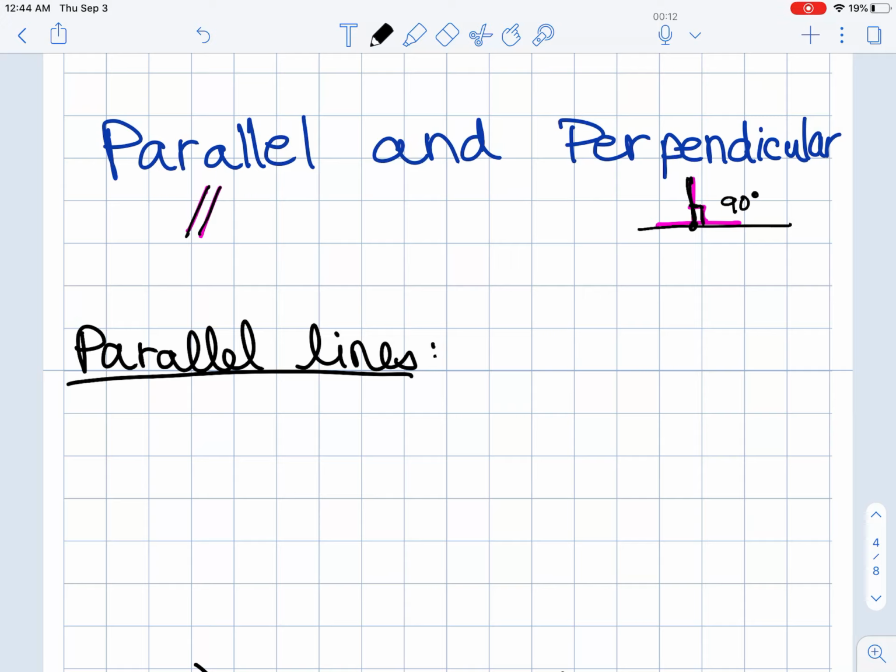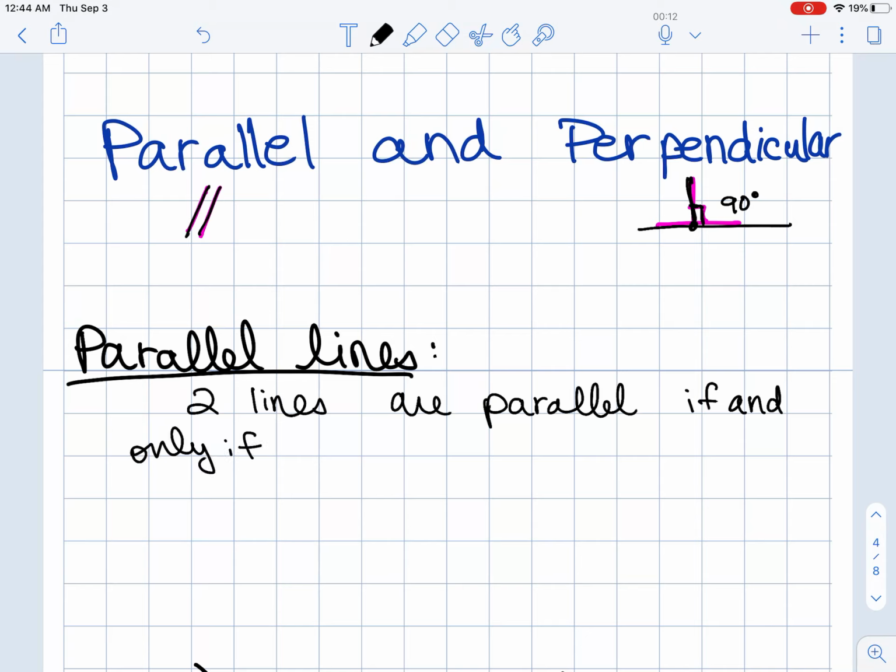And the definition of parallel lines: two lines are parallel, and there's this term that we use in math, if and only if their slopes are equal.